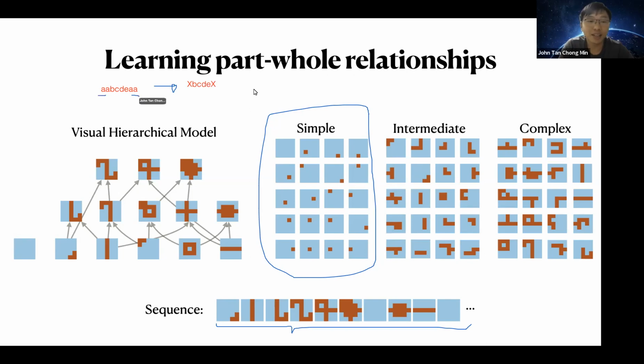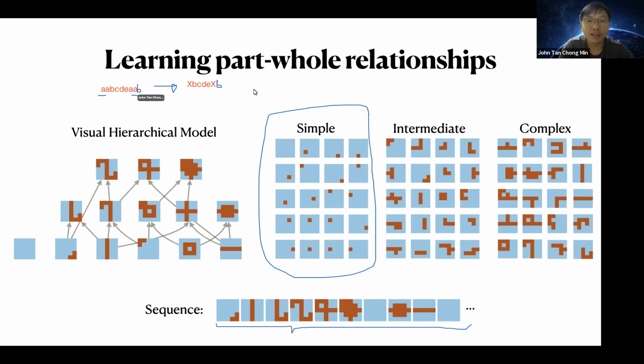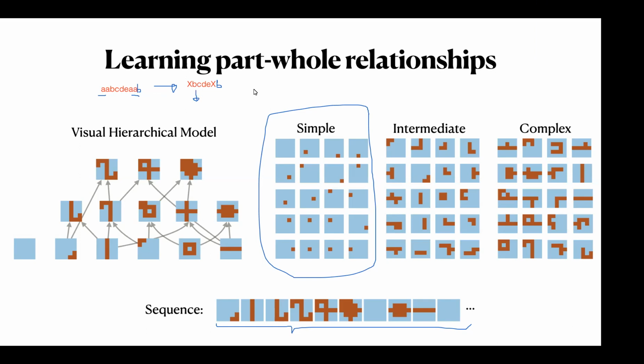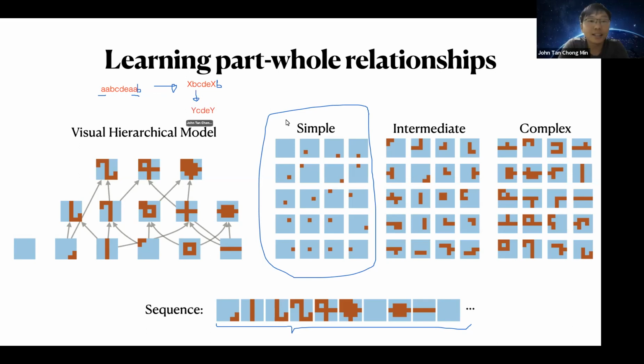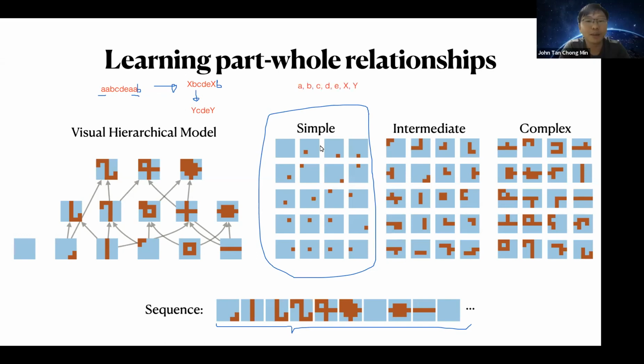But let's say I have another B over here. Then I can combine XB into a new symbol Y. So other than only having the base level units A, B, C, D, E, my dictionary will then be A, B, C, D, E, X, Y. That is a very rough gist of how byte pair encoding works.